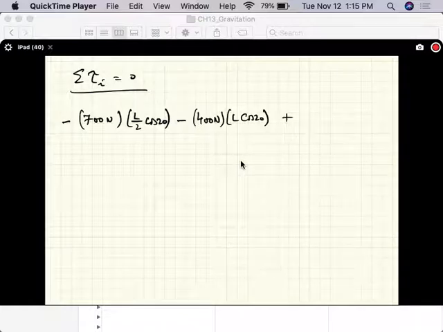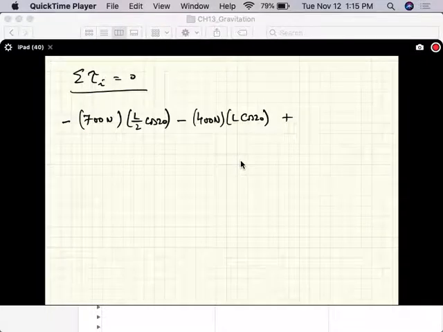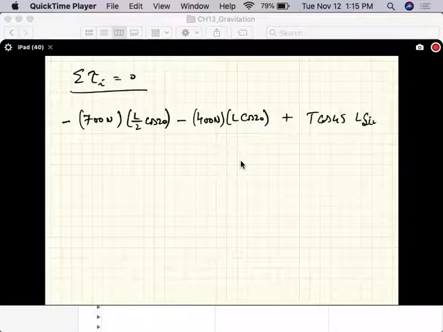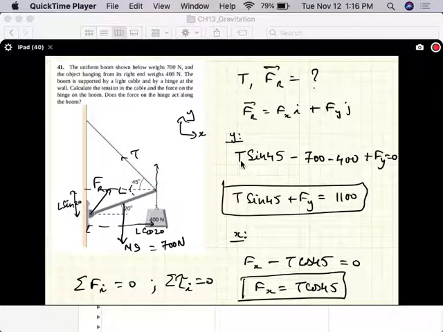Plus, so this was a clockwise torque, this was a clockwise torque. This is T cosine 45, and the moment arm is L sine 20. And that was a counterclockwise torque, so that's positive. And then T sine 45, T sine 45 is that.